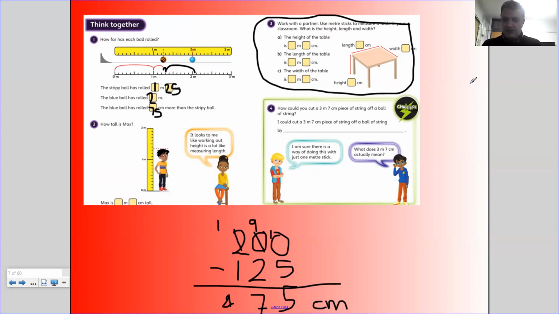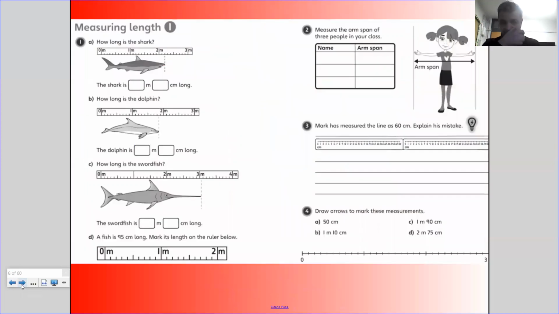Like I said, if you haven't got a meter ruler, that's fine, or I did send out in our packs an exact meter of wool for people to measure. Have a go at measuring a table before we start on our problem.